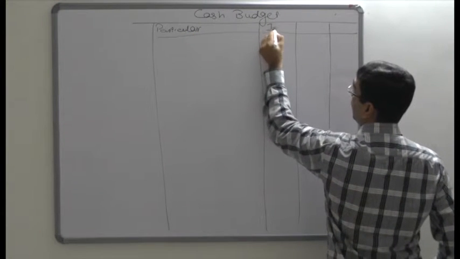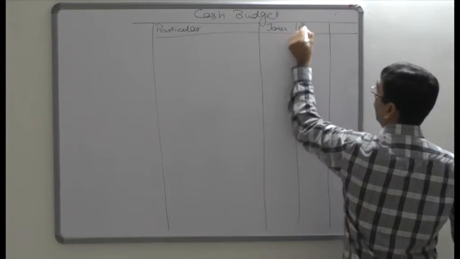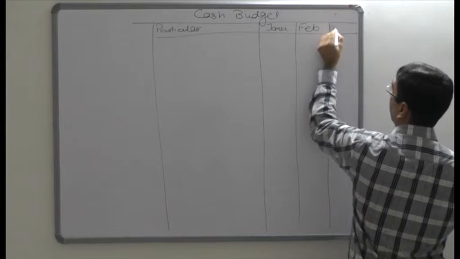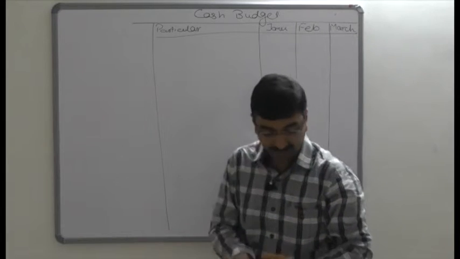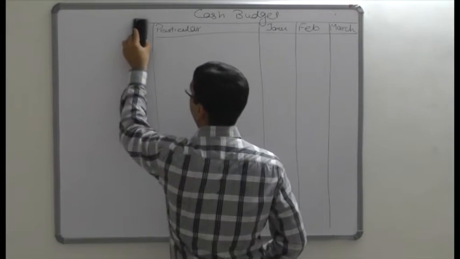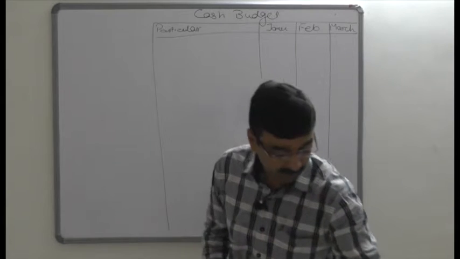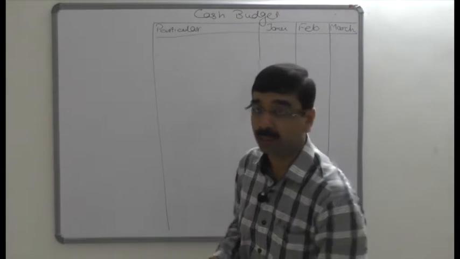This is the month of January, then February, then March. From all these 3 months we will take the information and solve the question as we solved earlier.